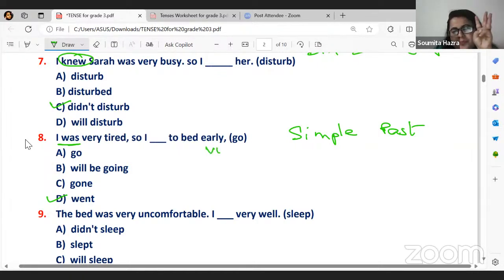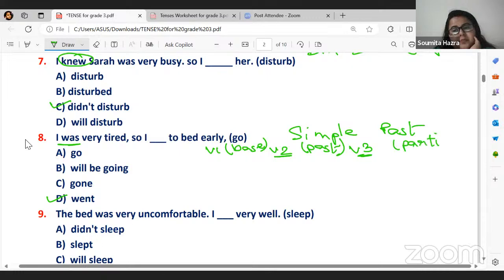So V1, V2, and V3. V1 is the base form, as in the main verb. V2 is the past form. V3 is the participle form. Participle.